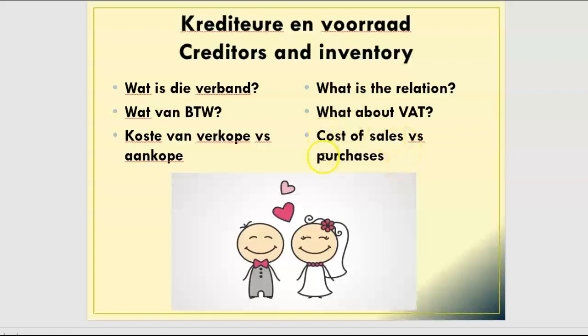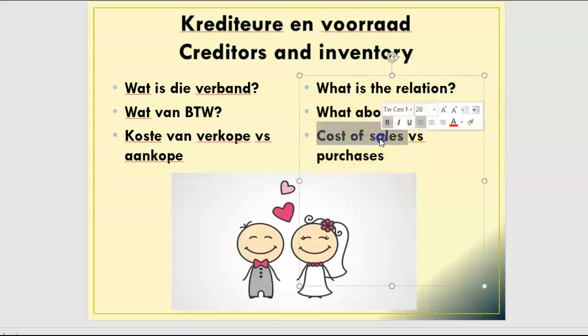What is something else that we're going to post against the inventory account? This is only in a perpetual system, where we're going to update our inventory account with each and every transaction that takes place. So in our inventory account, we will have to record on the credit side all the cost price of goods sold.